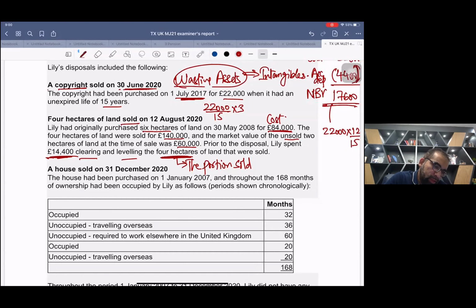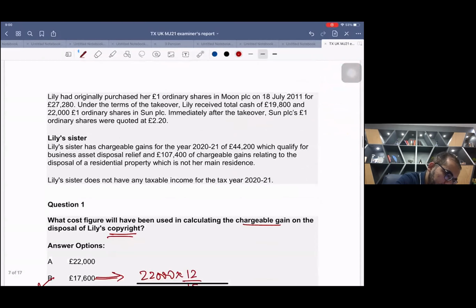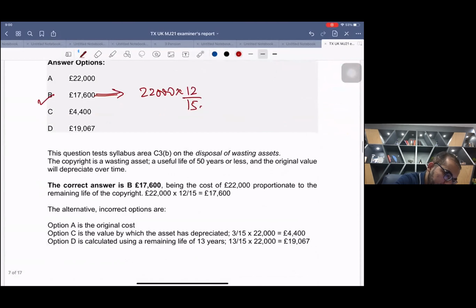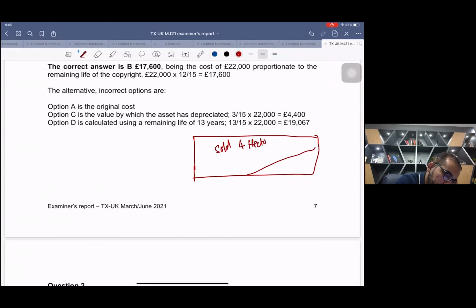Okay, let me start. Listen, students. You sold 4 hectares and the disposal proceeds are 140,000.